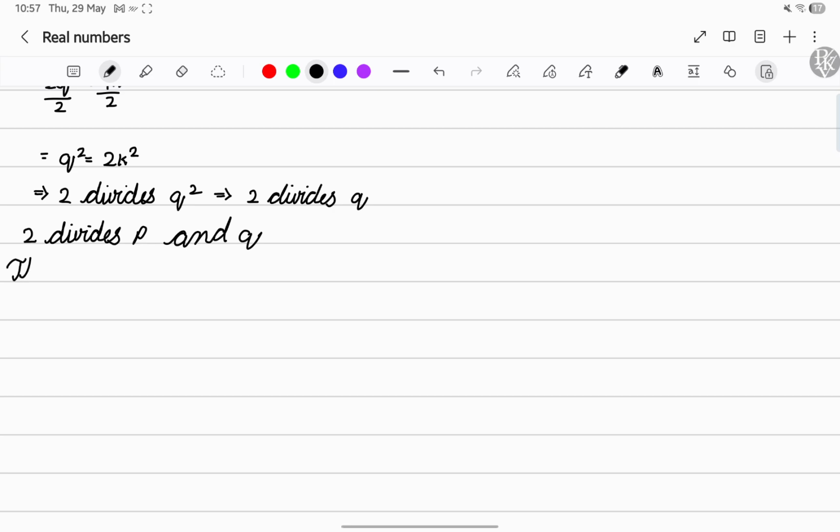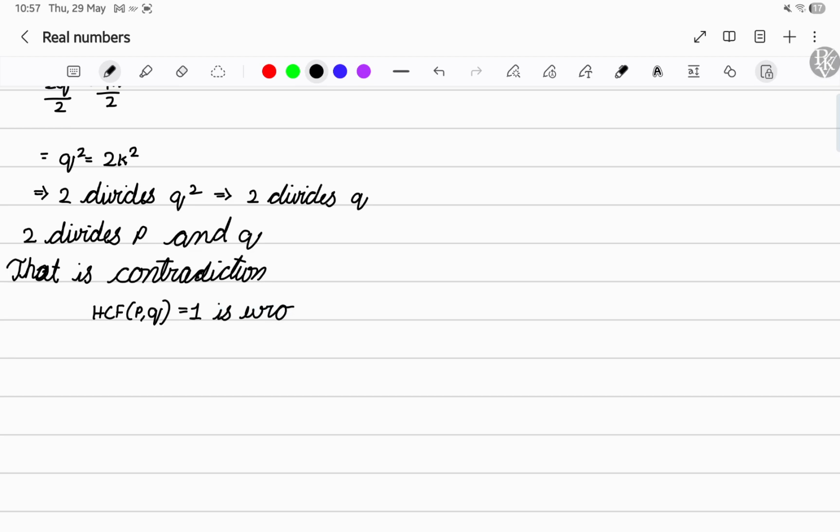That is a contradiction. Why? That is because we have already found out that the HCF of P and Q is equal to 1. So if 2 divides both P and Q, that means that 1 is not the HCF, but it will be 2.